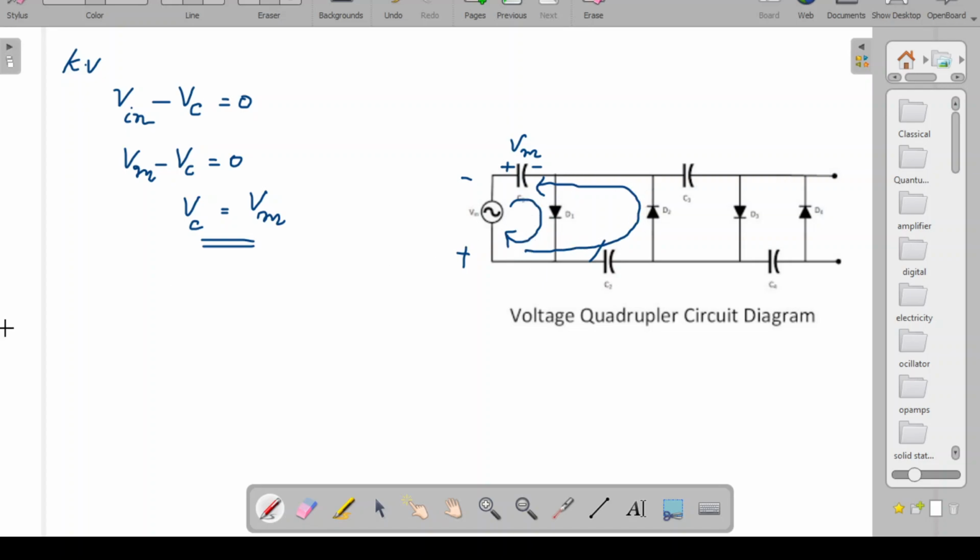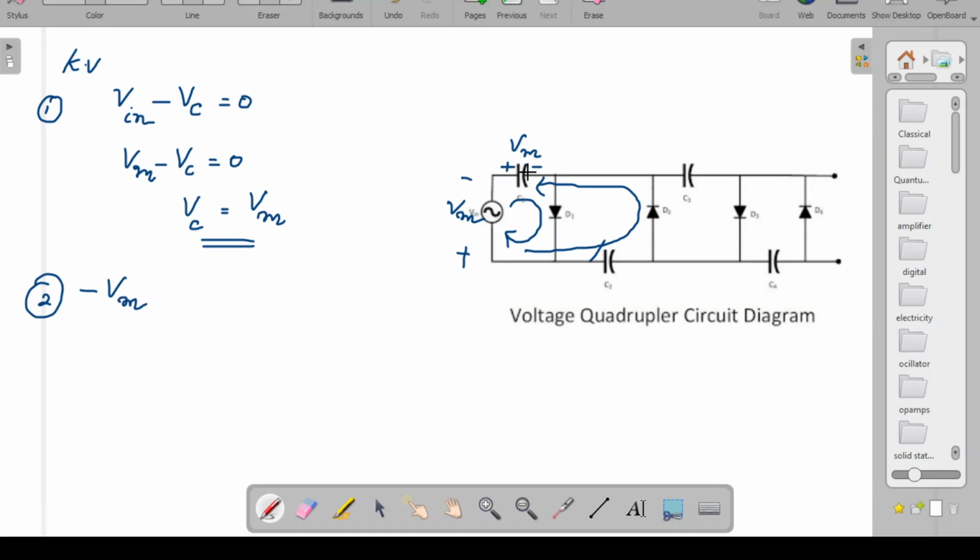I am writing this Vin as Vm, because the maximum voltage of this Vin is Vm. Conventionally speaking, it is negative, you know that it is polarity. If we think that is positive, it has reversed, right? So in the negative half cycle, I can write this Vm as negative Vm.